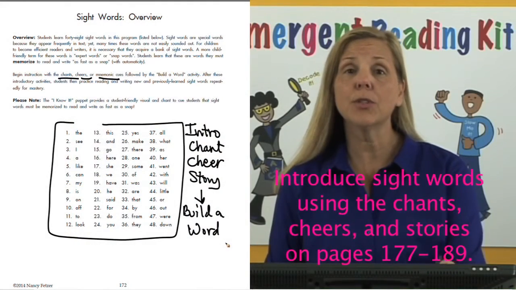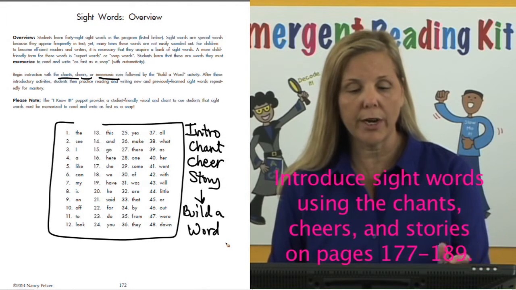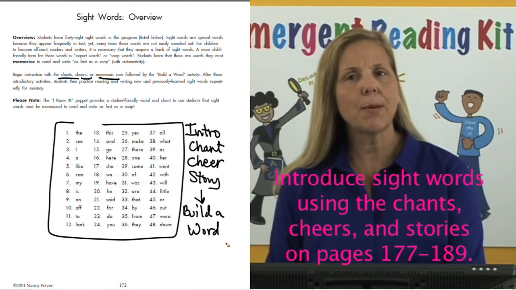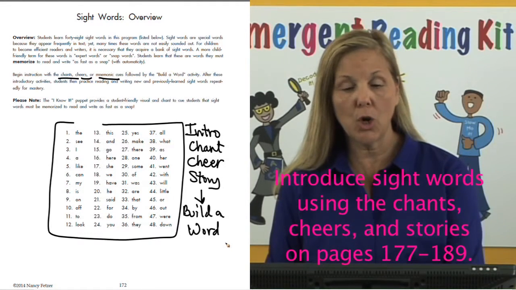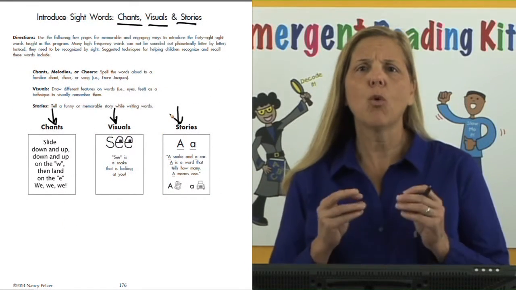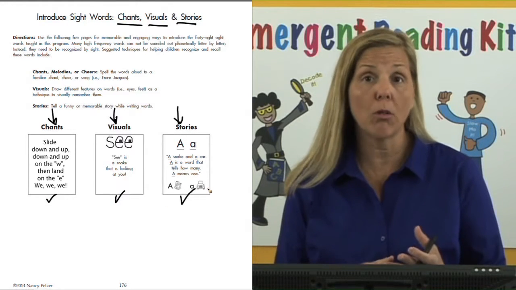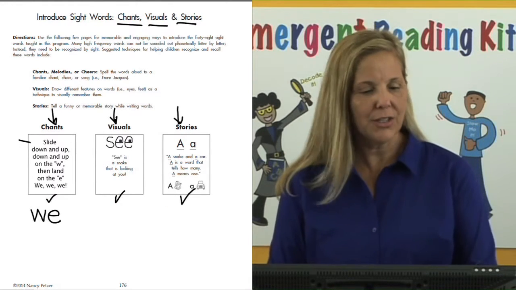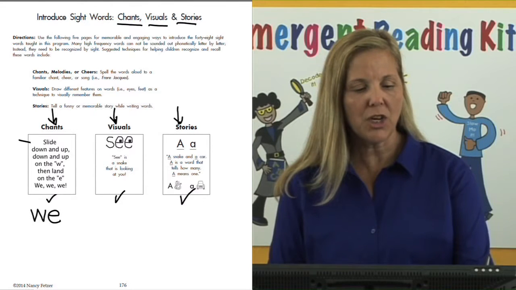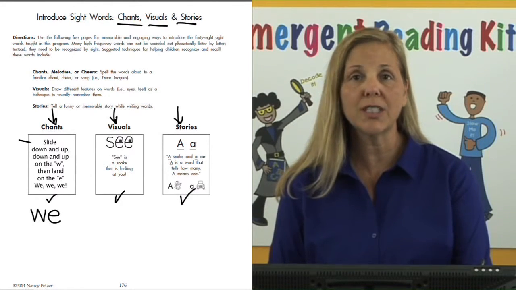First, we introduce the new word to the students using a chant, a cheer, or a story, followed by something I call build a word. Please turn to page 176 for the directions to introduce the sight words with a chant, a visual, or a story. First, when we're teaching, we would write the word on the board for all the students to see.